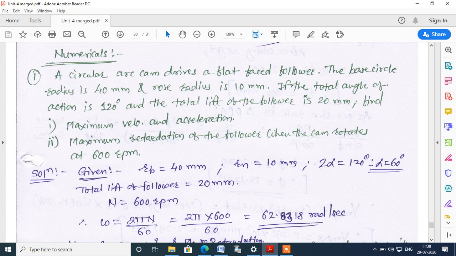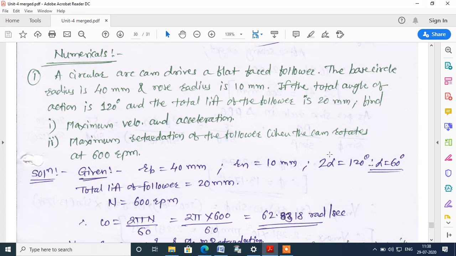The base circle radius is RB equal to 40 mm. Nose radius is RN equal to 10 mm. And the total angle mentioned is 120 degrees, so 2 alpha equal to 120 degrees, therefore alpha is equal to 60 degrees.